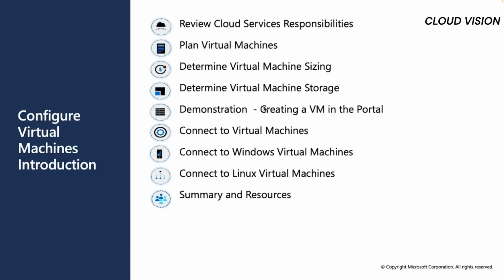We also need to determine the virtual machine size in terms of scaling up as well, and what kind of tier we need to select. As a part of setting it up, we need to select what storage we're going to mount, what type of storage, whether it's going to be a standard, premium, or ultra disk we're going to connect.